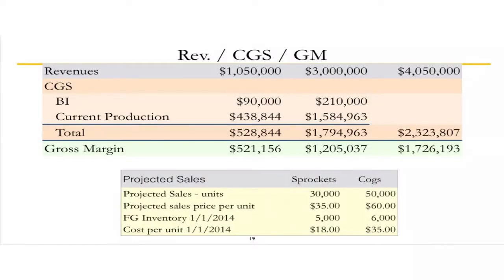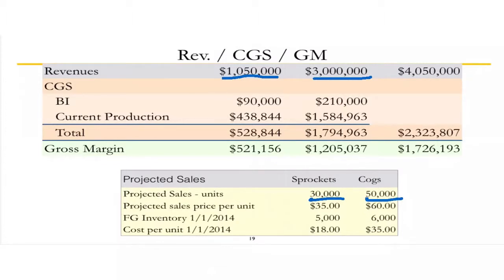Now we're in a position to finish off the problem. We have the revenues from the prior calculation for sprockets, $1,050,000, for cogs, $3 million. Now we need to use FIFO, and remember that we're going to have 30,000 units of sales for sprockets, 50,000 units for cogs.